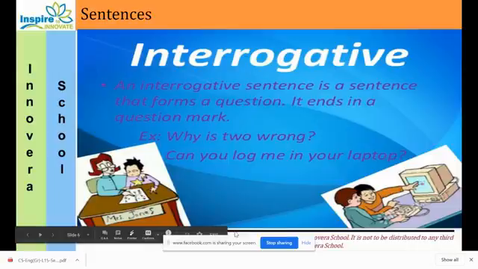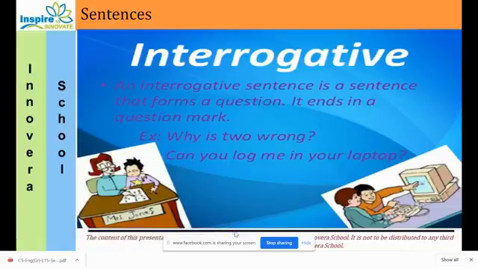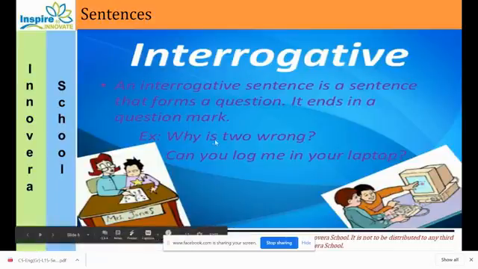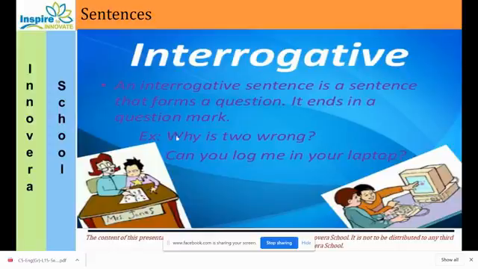When you need to get information in detail, then the question will begin with WH words: why, when, what, where, whom, whose. Over here you can see it is written, why is it wrong. So here it means we need some information about it.